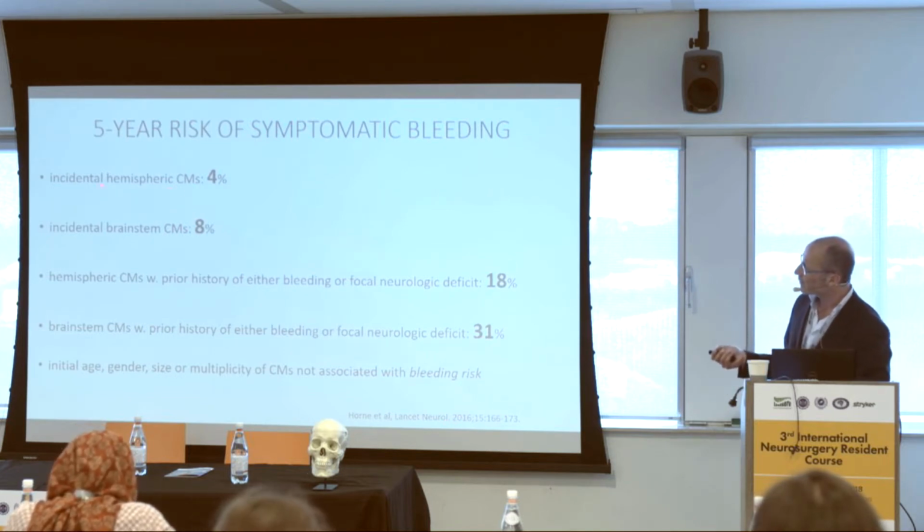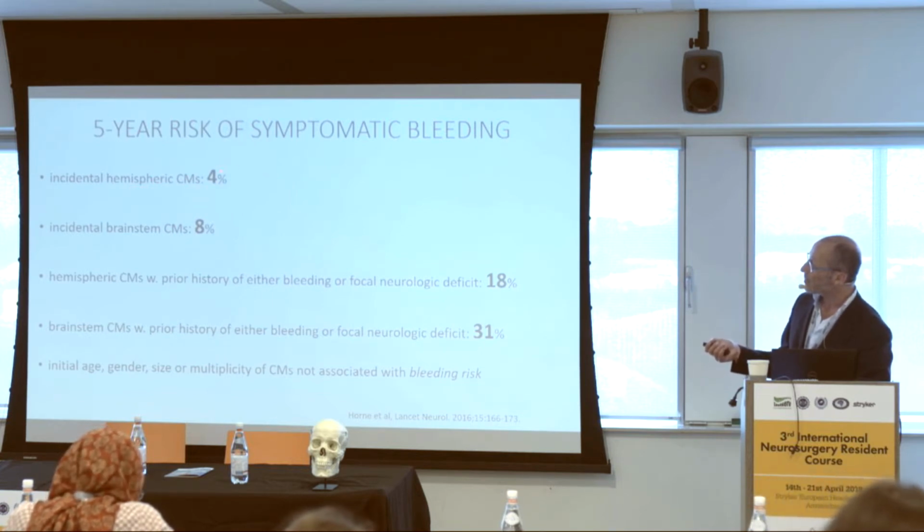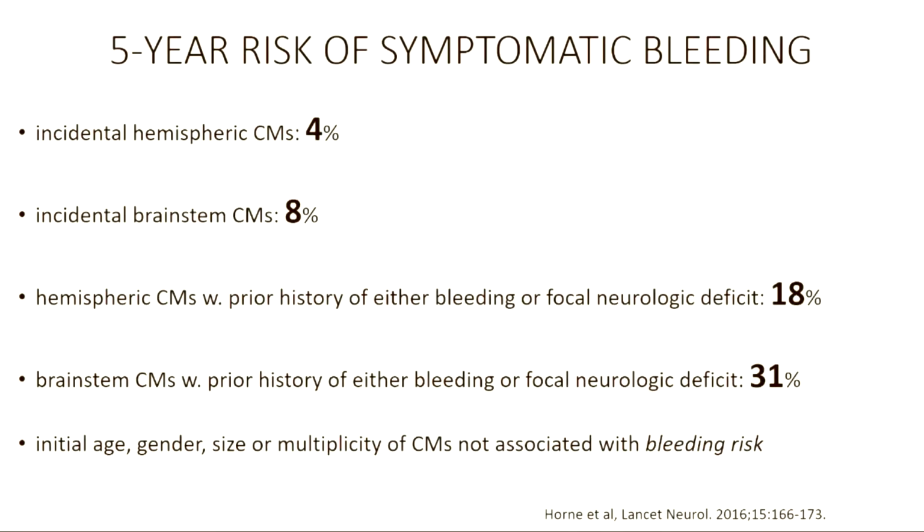But the highest risk is for brainstem lesions that have bled and have been associated with focal neurological deficit. Interestingly, initial age, gender, size, or multiplicity are not associated with the bleeding risk.